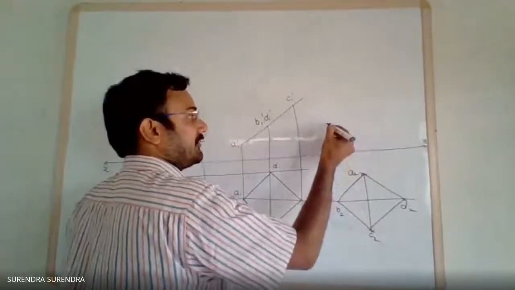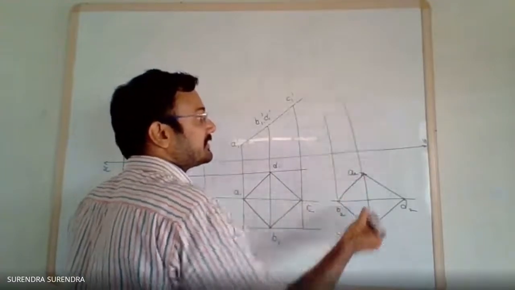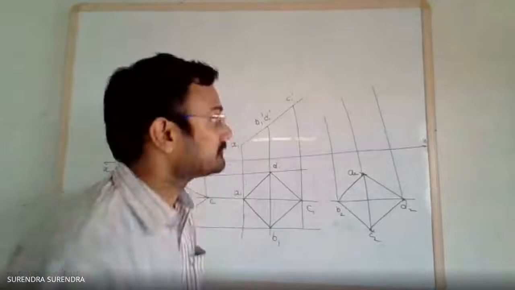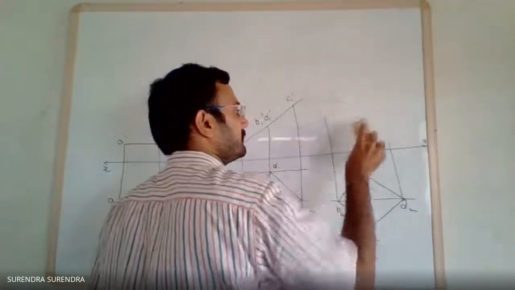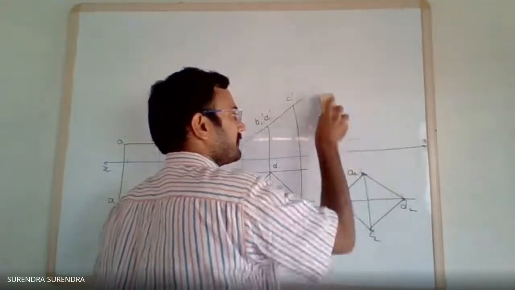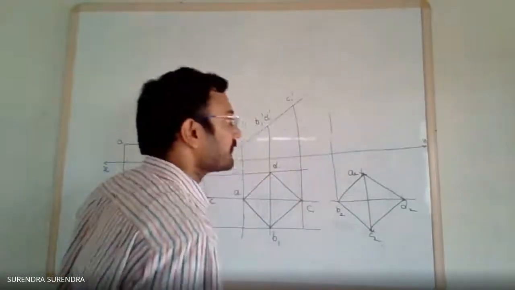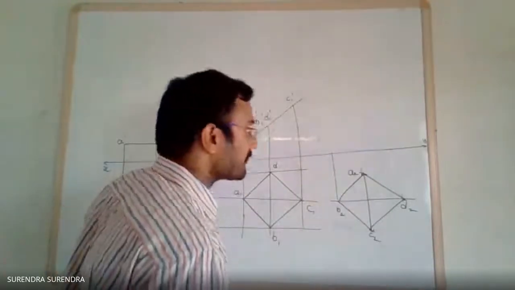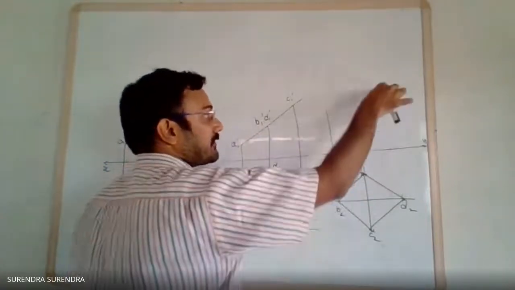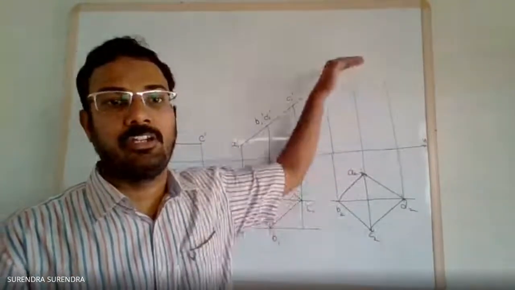Draw the projections from each and every point. Projection from B, C and A, projection from D, projection from A. So projection from each and every point from the top view.